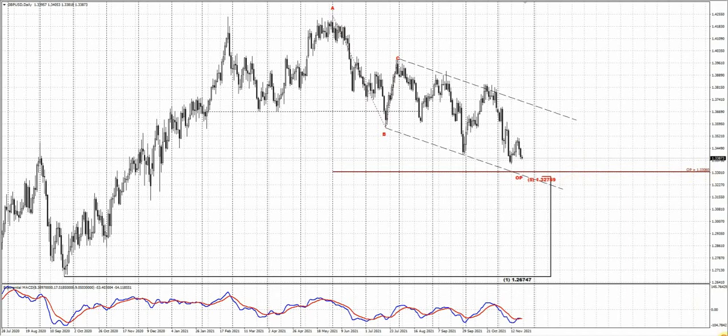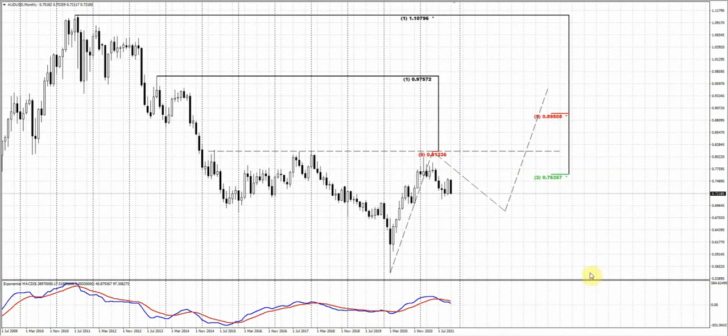Now finally, let's turn to the Australian dollar, because there we have a long-played setup that started to trade last month. To remind you, on the monthly chart of the Australian dollar we expect to get a reverse head and shoulders pattern, or its failure. We do not know yet, because the market still stands on the way to the point where the destiny of this pattern should be decided.